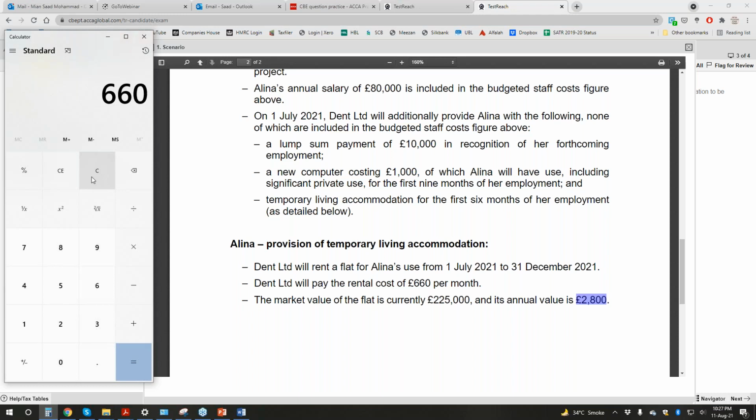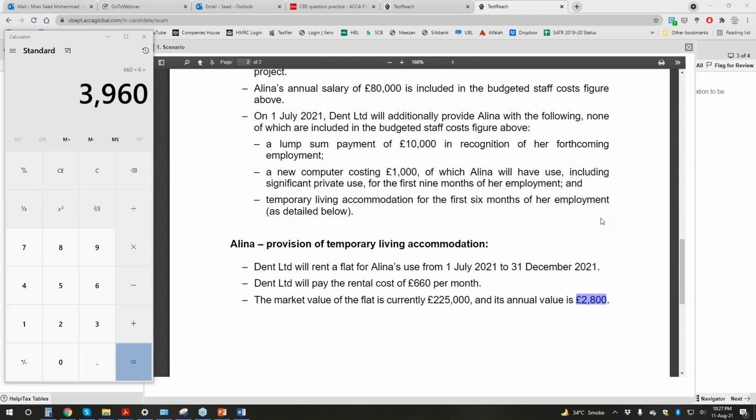Rent is 660 times 6, 3,960. You tell me which one is higher, 3,960 or 1,400? Which should be taken, guys? Rent paid by the employer? Yes, thank you. The rent will be taken as a taxable benefit in kind.